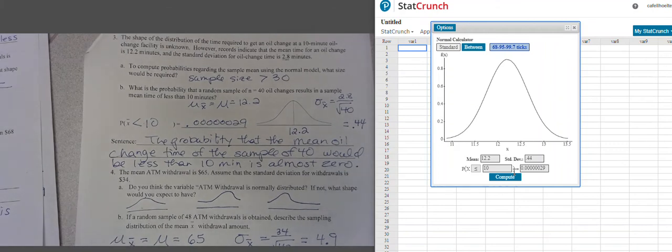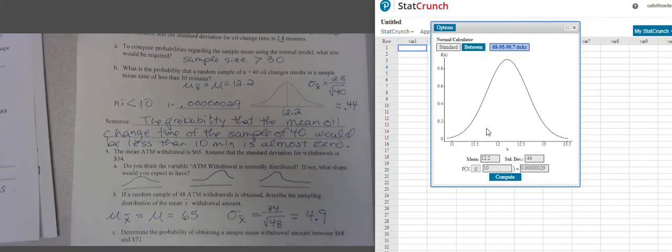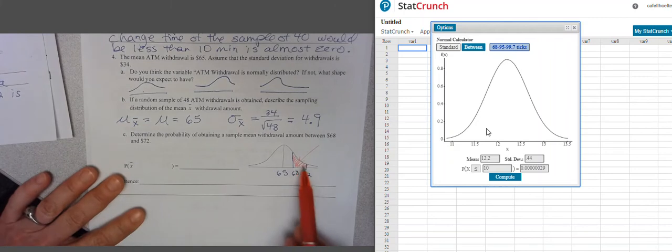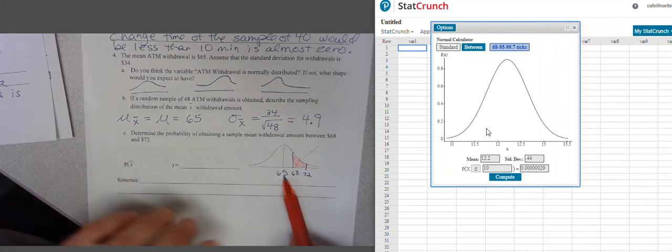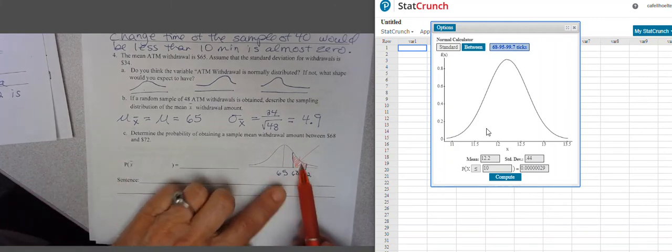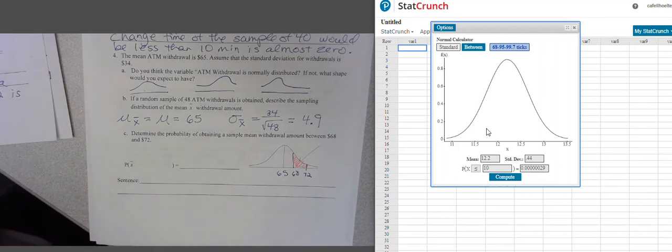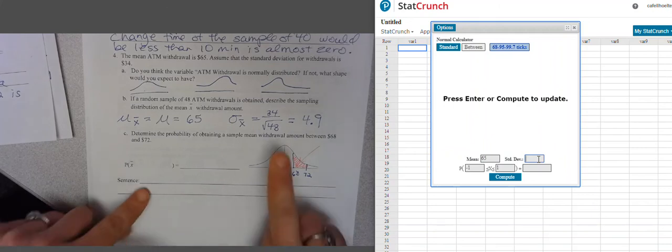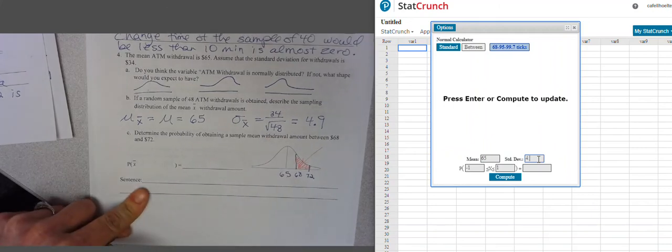So this is a between problem over here in StatCrunch. Let me move up a little bit. Here we go. So this is what we're looking at. This is our normal model. Here's the mean, and we're looking at this area in between here. Going to StatCrunch, I need to switch to between, and let's enter the mean. So we were told the mean was $65, and we have to use our adjusted standard deviation that we adjusted right here of 4.9.